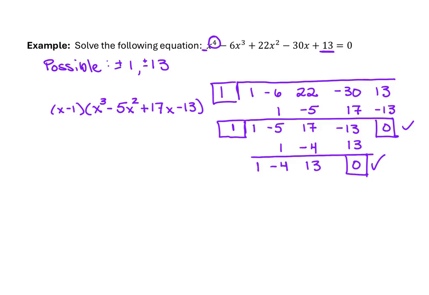So now we're going to go ahead and break this down a little bit further. So we have our x minus 1 originally. We have another x minus 1. And then now we're going to take these coefficients, and what we have here is x squared minus 4x plus 13, and this is still equal to 0.